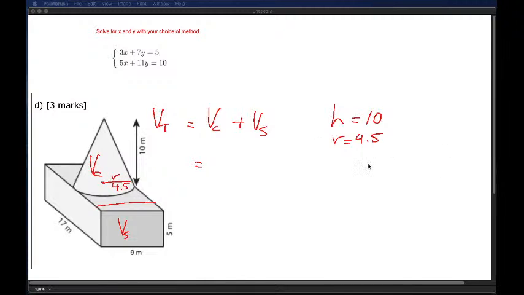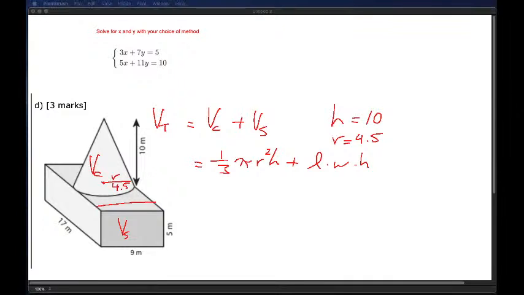That was 1/3 pi r squared times height. So that's the volume of the cone, plus you want to find the volume of this box here. The volume of a cuboid, which is like a three-dimensional box, is length times width times height.